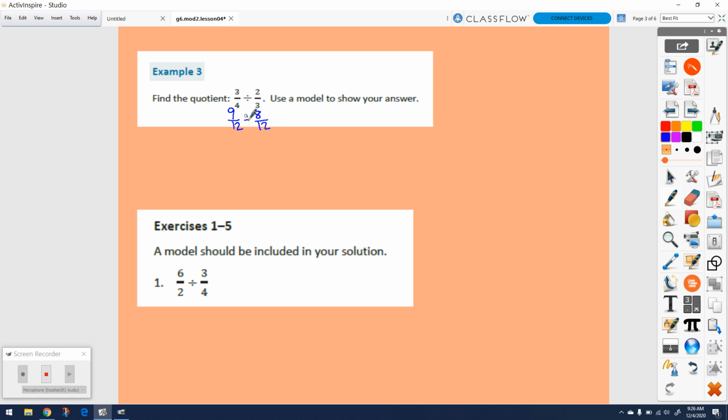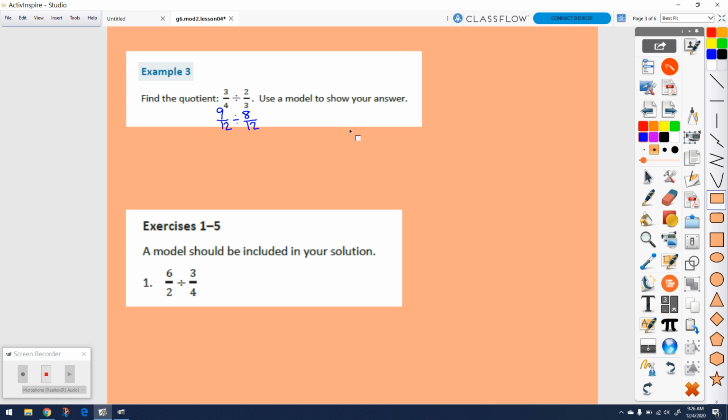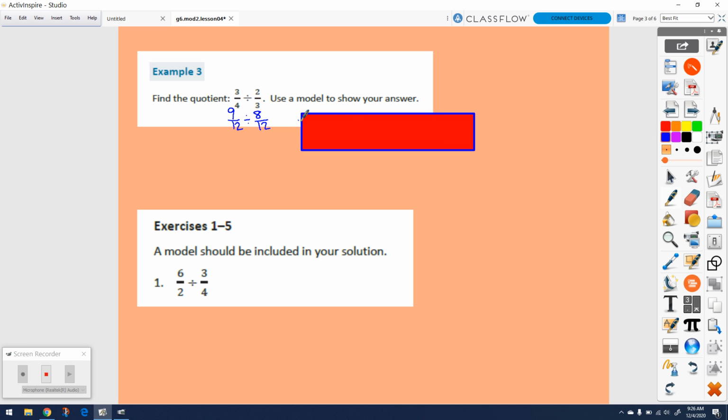By doing that, I now can work this problem just as we have for the last couple days. So I'm going to go ahead and draw my model. And in this case, it has 12 pieces. So I need 11 lines.